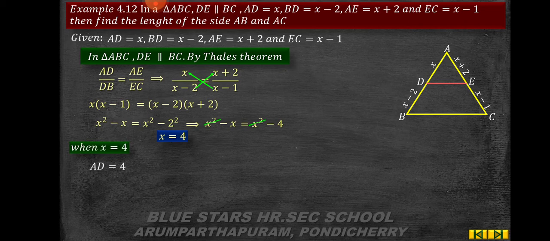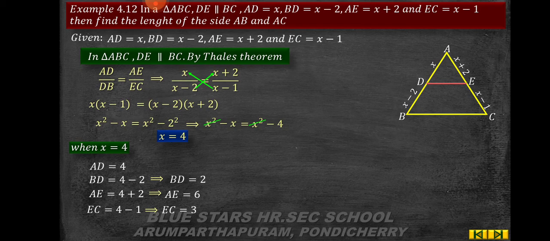When x is equal to 4, AD is equal to 4. BD is equal to 4 minus 2, which implies BD is equal to 2. AE is equal to 4 plus 2, which implies AE is equal to 6. EC is equal to 4 minus 1, which implies EC is equal to 3.